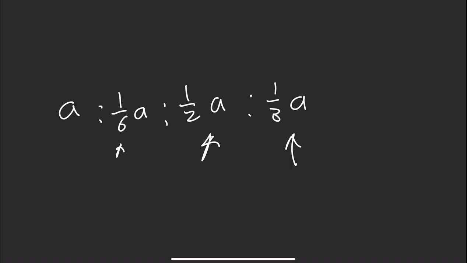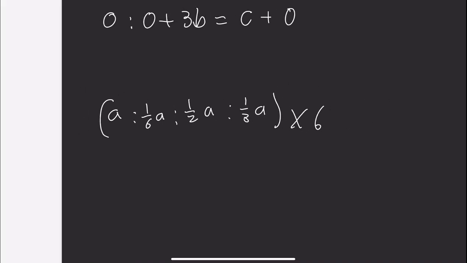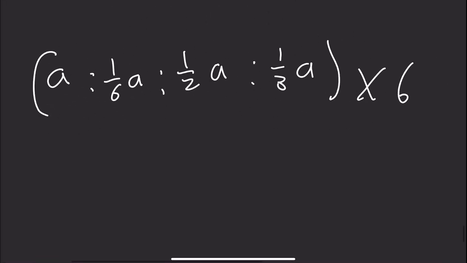Multiply this by 6, it will be a 2. So let's multiply this by 6. If you do that, 6A, 2A, 3A, 2A.